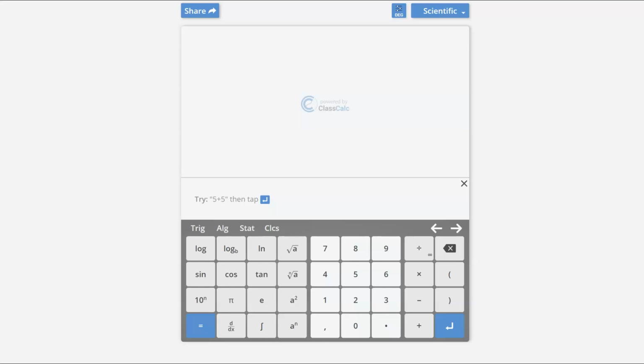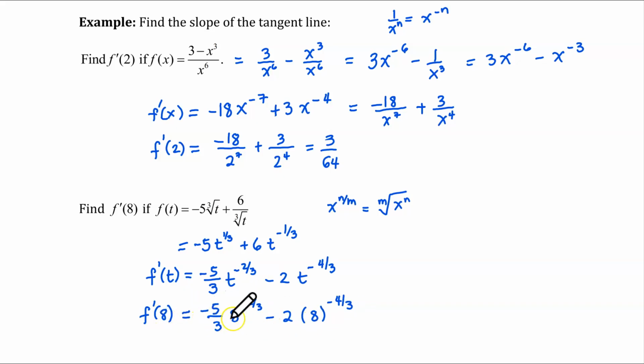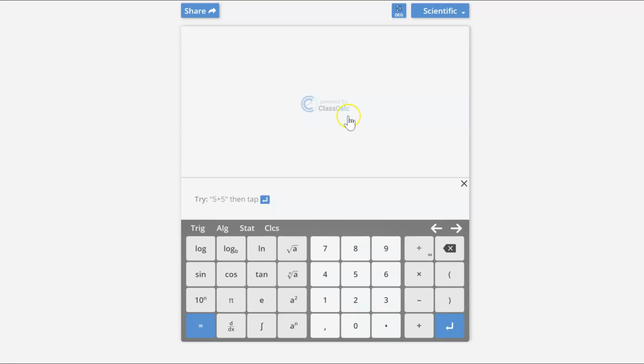So let's go ahead and plug in these values to the ClassCalc Scientific Calculator. You have negative 5 over 3, so it's going to be a fraction.